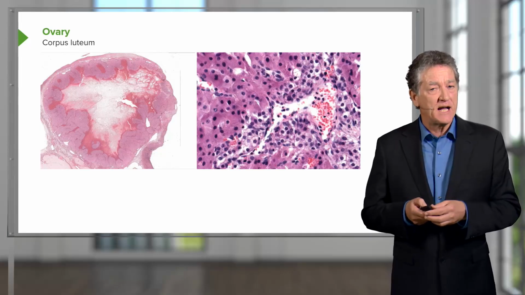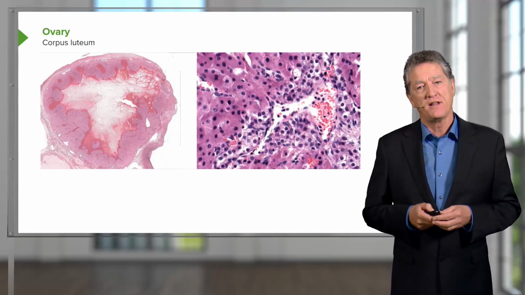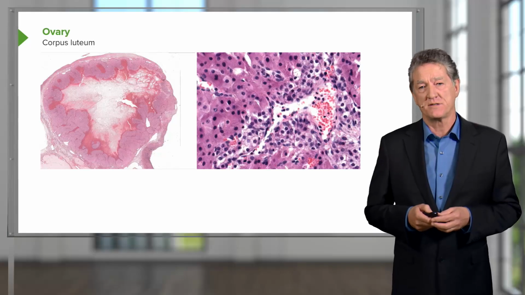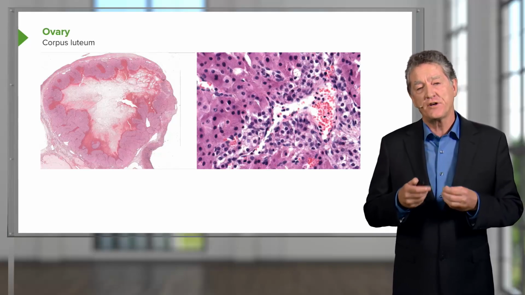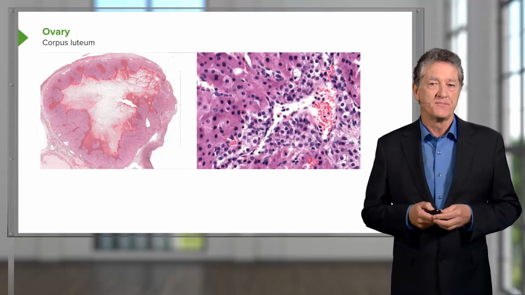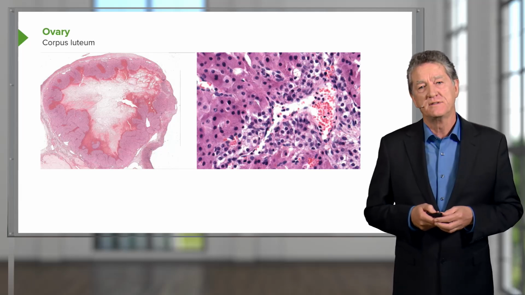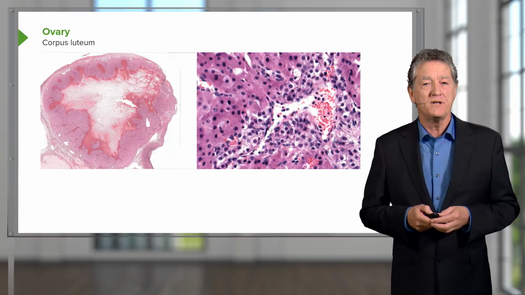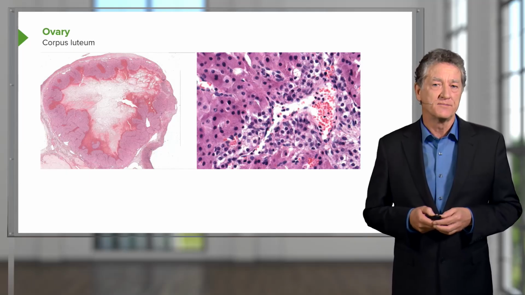But if implantation doesn't occur, that support is withdrawn. And it's withdrawn because as soon as the fertilized egg implants in the endometrium, then the endometrial cells secrete human chorionic gonadotrophin.